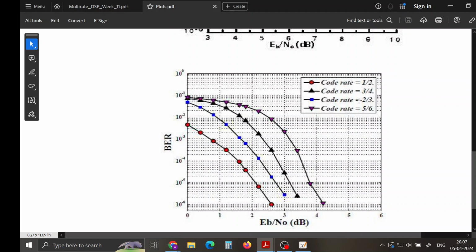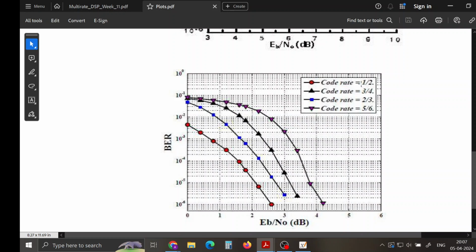So the code rate value, which is the lowest one, which is half, has the best performance, followed by 3/4, followed by 2/3, followed by 3/4, and followed by 5/6. So the code rate which is maximum, which is 5/6, has the worst bit error rate performance.